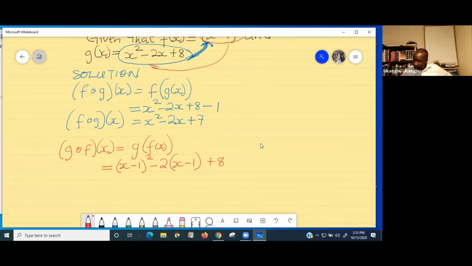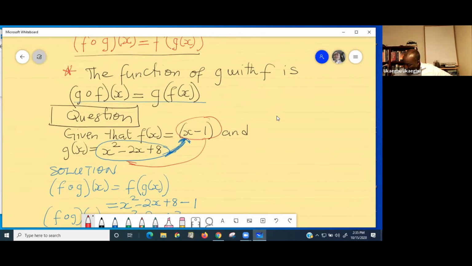So of course we have evaluated this thing before. If you want, we can do it all over again. You can have your negative 2x plus 2 plus 8, and then you are repeating (x minus 1) whole squared. (x minus 1) whole squared, what does it give you?